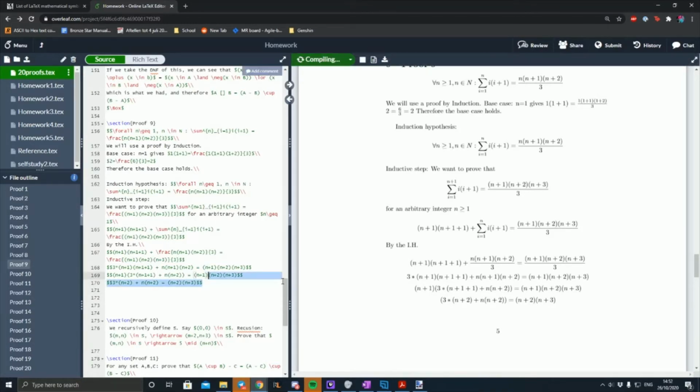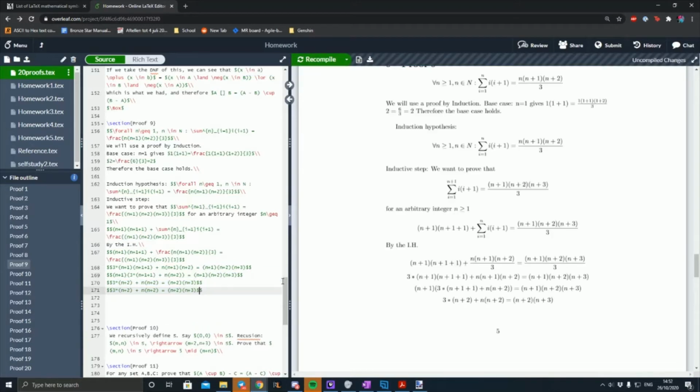Wait, but you have to prove that this is correct. So why are you having equal signs? You should take the left hand side and work on it to get the right hand side, but you shouldn't have an equal sign between them. Yeah, okay, no problem.